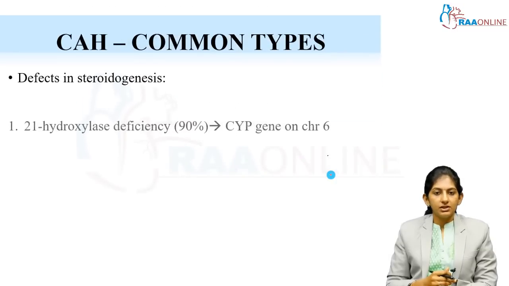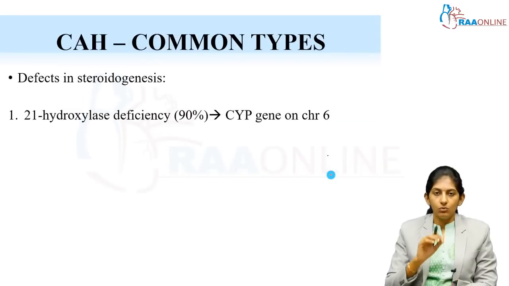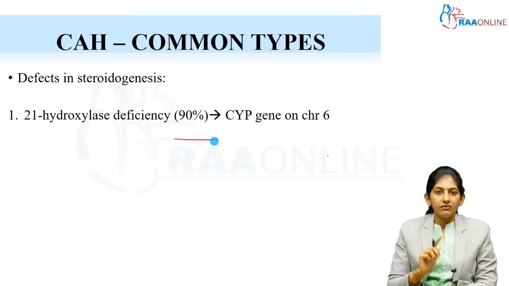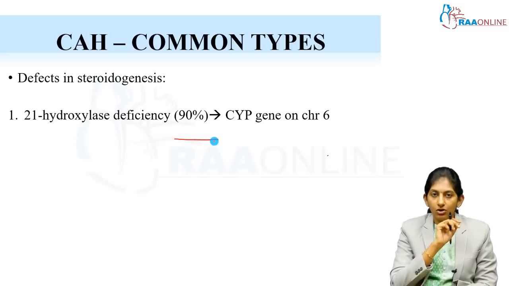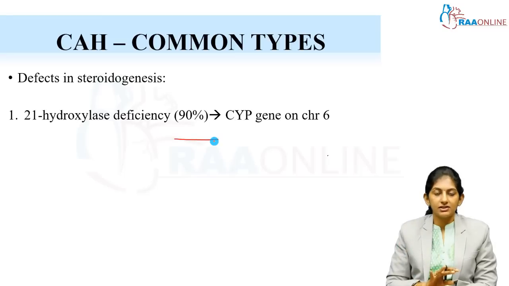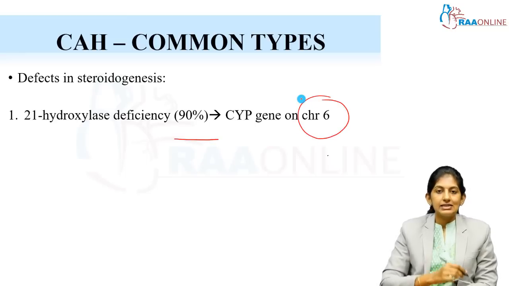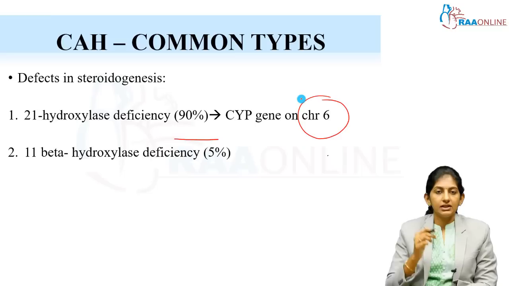So coming to the types of CAH, the most common type, 90%, is going to be your 21 hydroxylase deficiency. You should not miss a case of 21 hydroxylase deficiency at all. So where is the gene for 21 hydroxylase? It is on chromosome 6. Next common will be the 11 beta hydroxylase deficiency.